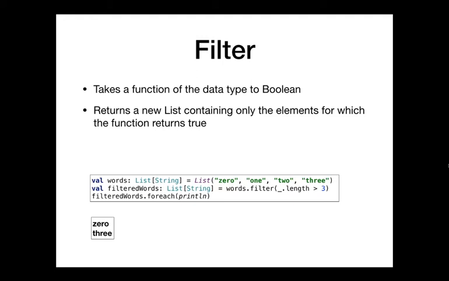And it's going to return a data structure containing only the elements for which this function returns true. So I'm going to filter all of my data based on this function that returns a Boolean, and then just get those filtered elements.